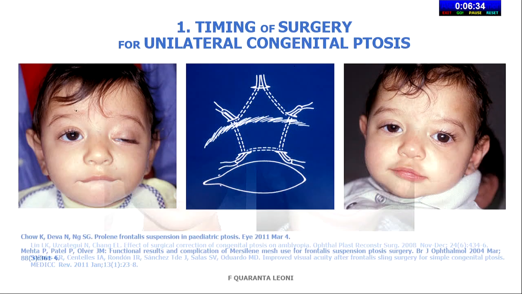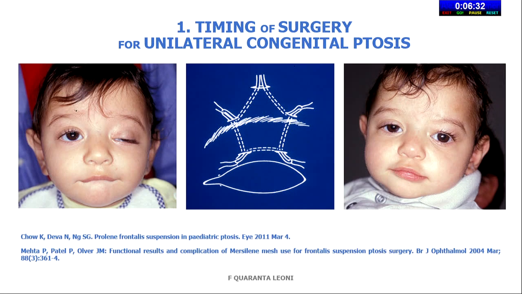So for the first case, what we have to do is to operate possibly in the first 3 months of life, and the best option, in my opinion, is still unilateral brow suspension with non-autogenous, non-absorbable material. We have to overcorrect the eyelid a little bit, as you see in this case.